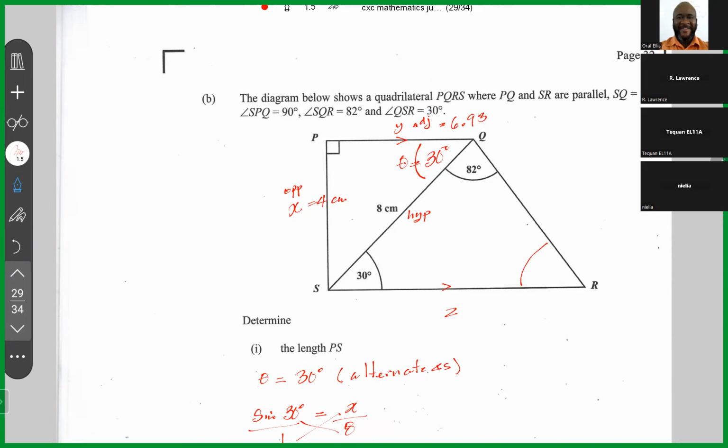Now, this angle here would be 180 minus 82 minus 30. 180 minus 82 is 98. 98 minus 30, I think this angle is 68 degrees.